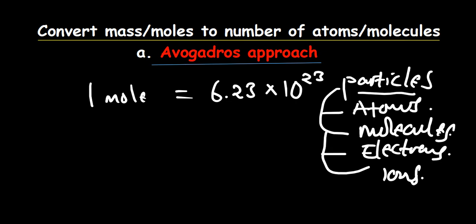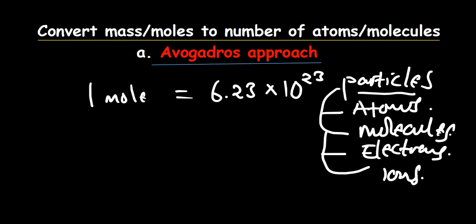If you're finding the number of molecules, you are still going to be using the same relationship that I've written down there. 1 mole of anything contains 6.23 times 10 to the power 23 particles, and those particles depend on the question that they will ask you.